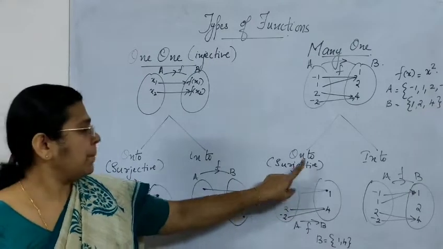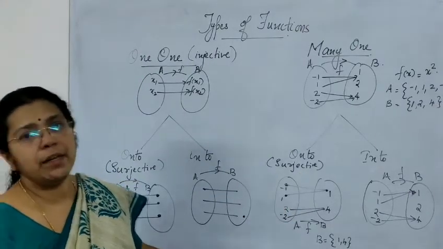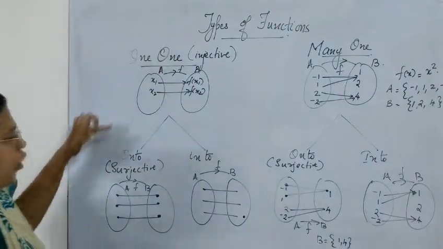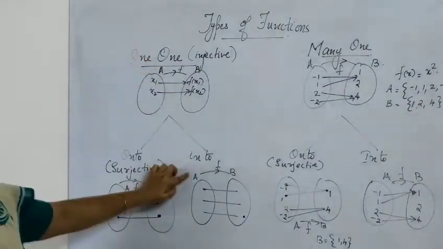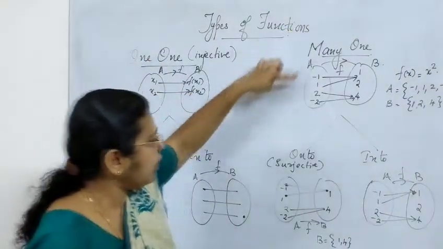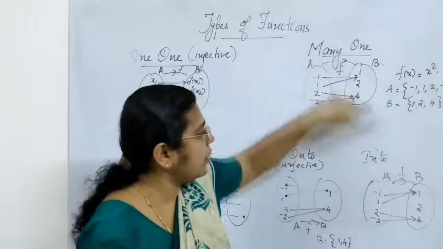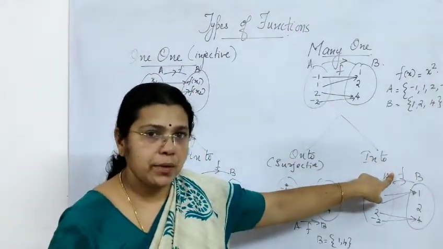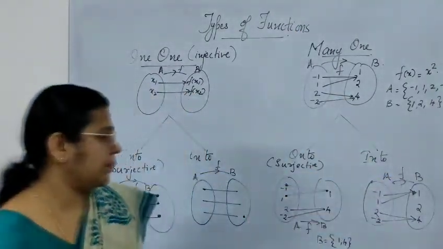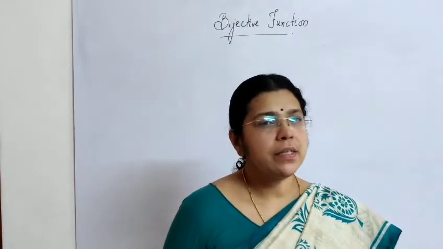Am I clear? So these are the different functions: 1-1 onto function, 1-1 into function, many-one onto function, many-one into function. Okay, understood? Okay. So now we have discussed 1-1 functions, many-one functions, onto functions and into functions.